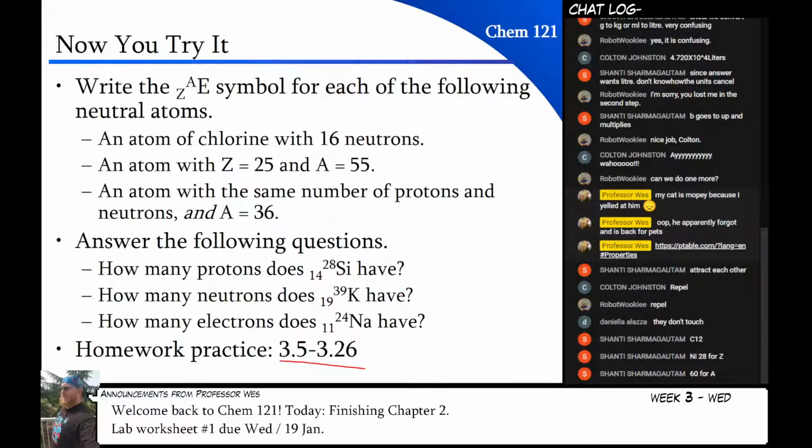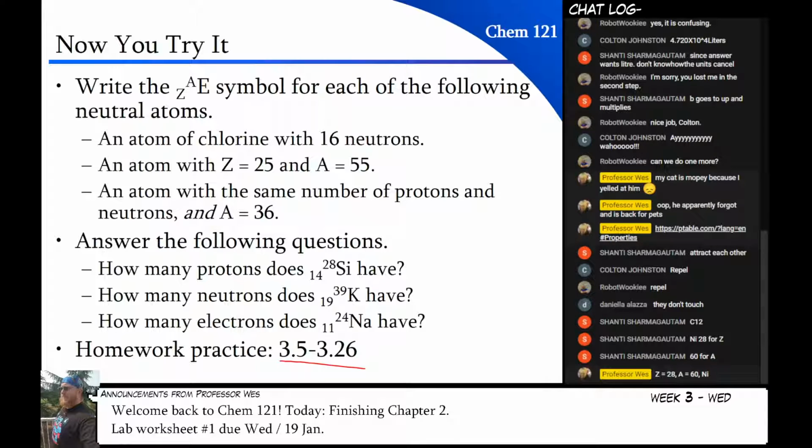Type in the information as best as you can in the chat. So for the last example, you could do something like this: Z equals 28, A equals 60, nickel. So something like that in the chat. I'm going to give you about 4 minutes to do these questions. We'll go over the answers together in just a bit. See you soon.